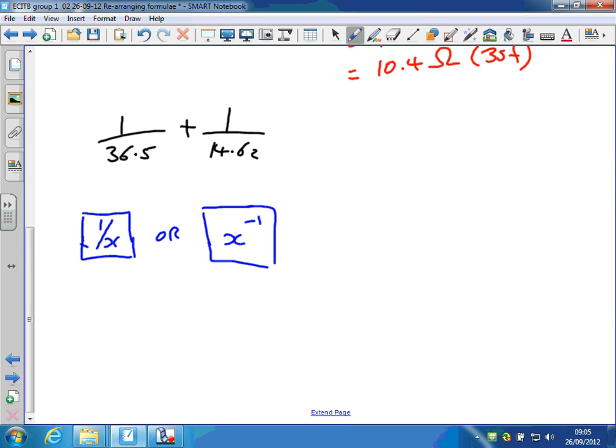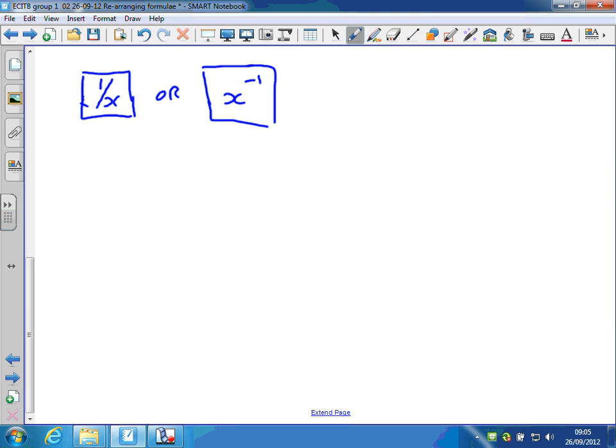So if I put a number in, like 1 over 3, and then hit x to the minus 1 on my calculator, I get what? Try it on your calculator. The answer should be 3.